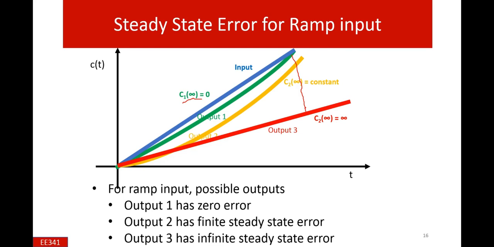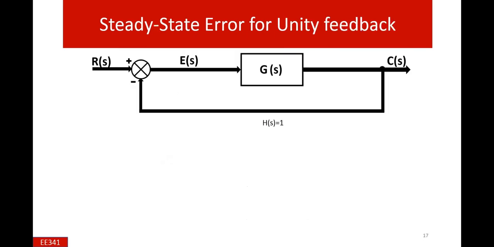It means the difference between the input and the corresponding output in red color is increasing its value at time equal to infinity. So in this case, the steady state error is increasing, and we simply say it approaches infinity.